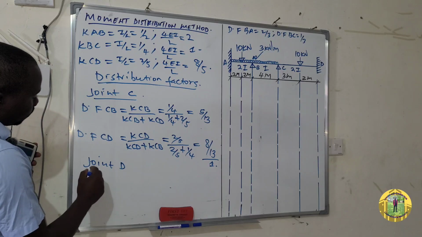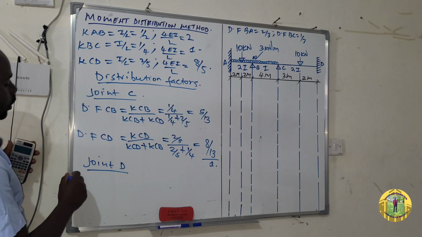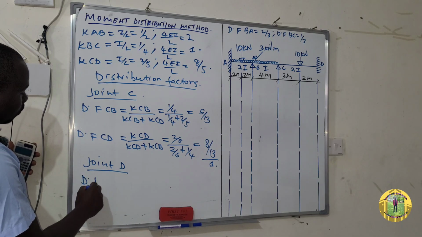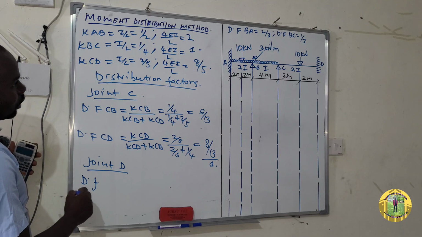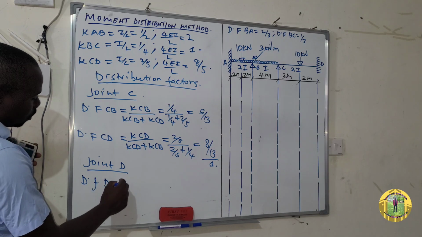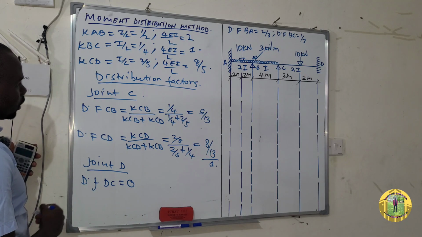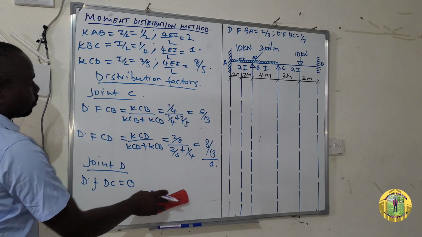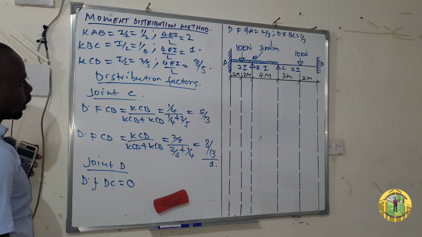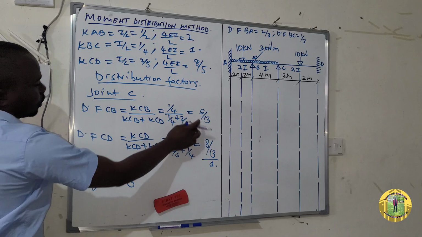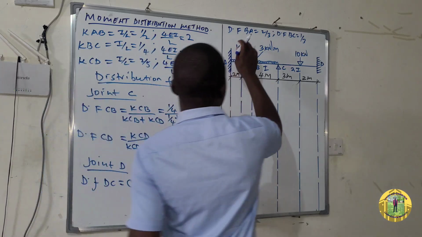Then we proceed to what we call joint D. For joint D, we have DFDC, and this one is equal to 0 because it is fixed. After here, we can now draw the distribution table and start working on it. Again, allow me to write this here.